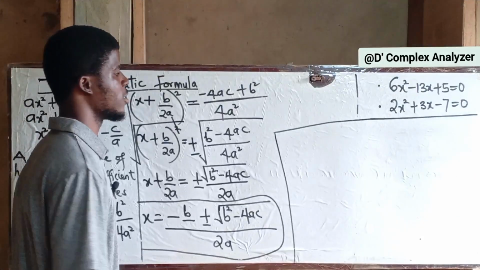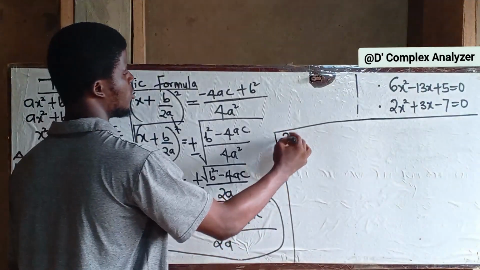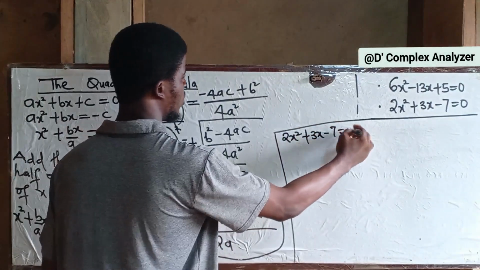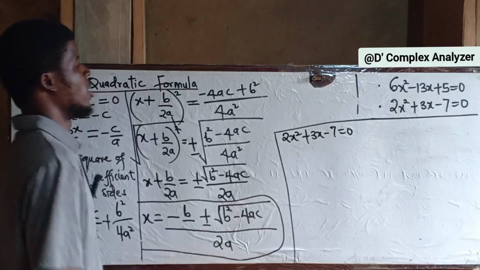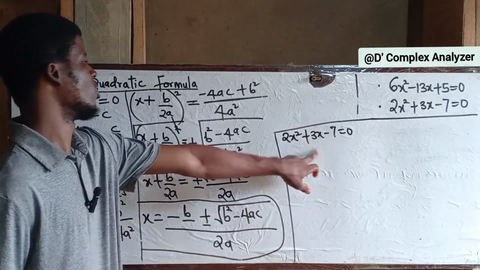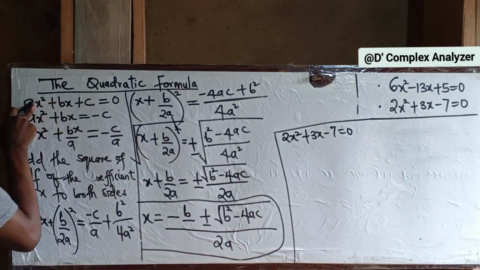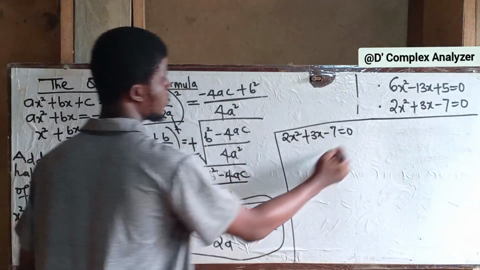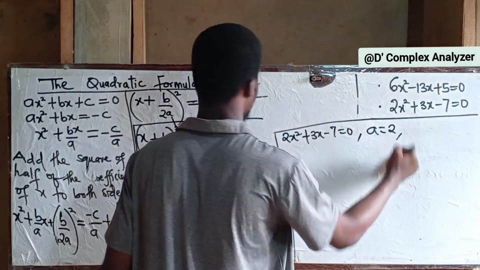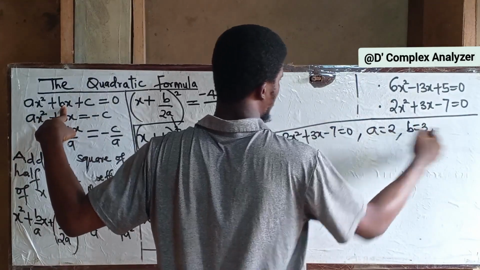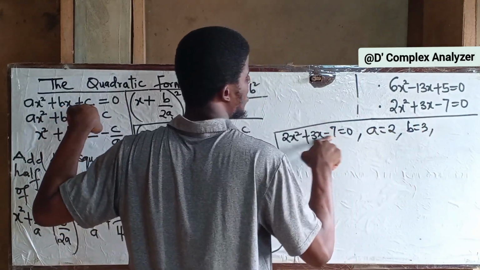Look at it. We want to solve 2x squared plus 3x minus 7 equal to 0. Let's compare. This equation is exactly in this form. First things first, a is 2, b is 3, and c is minus 7.